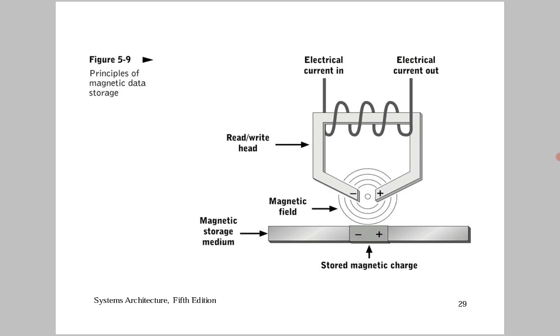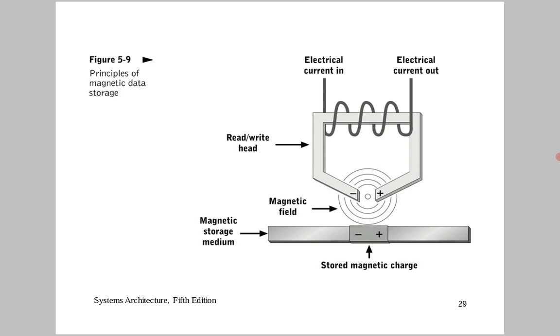Here we use some magnetic material. In magnetic devices we use different components: magnetic material, electrical and electronic signals, and a magnetic medium to write on. Magnetic storage media means magnetic tapes, like the tapes used in audio tapes.